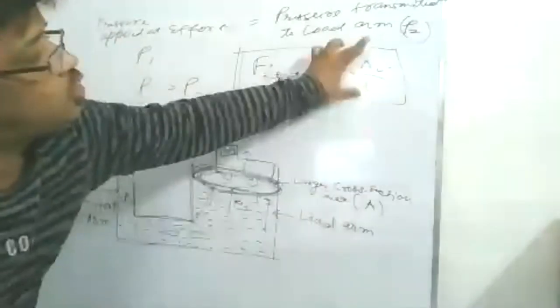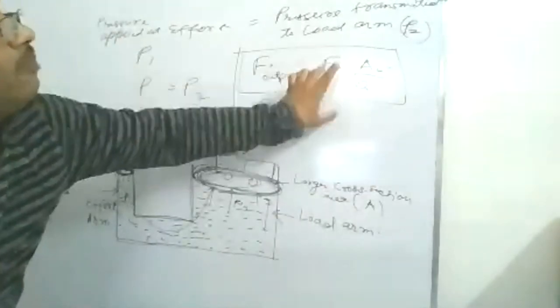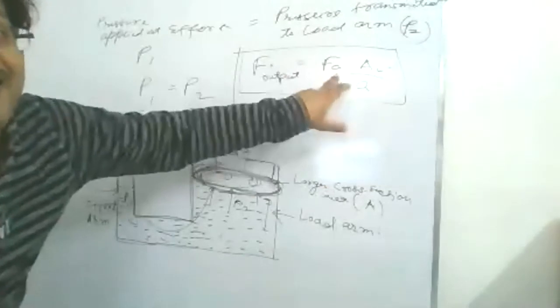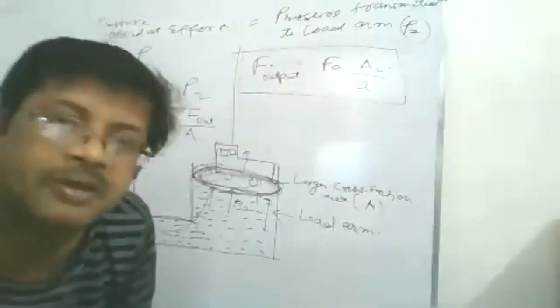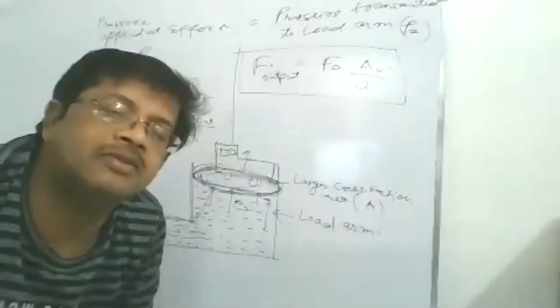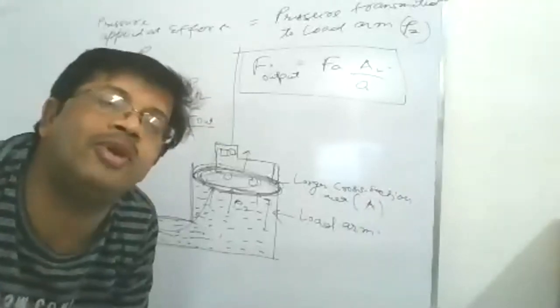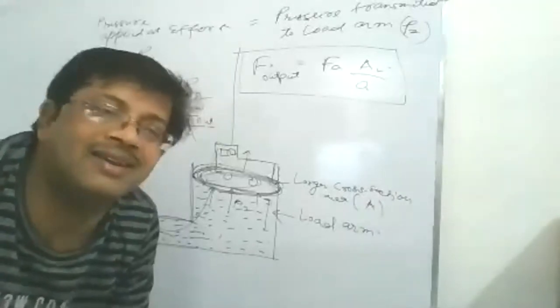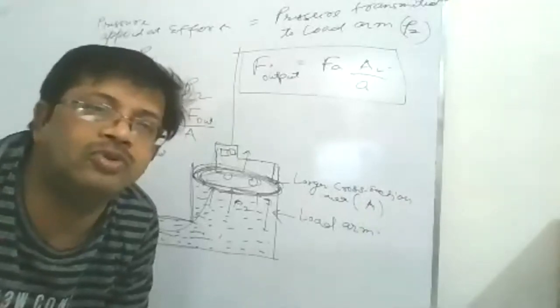If this ratio is 200 times, then we get 200 times more output force. That is, we can lift around 200 times more weight by applying a certain amount of force.